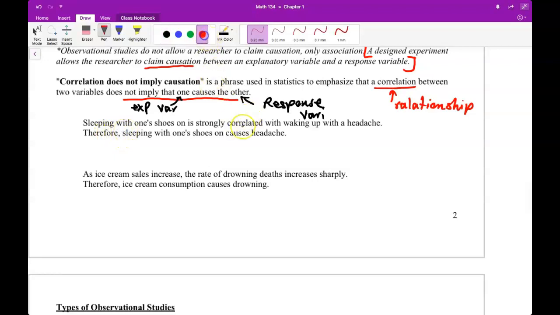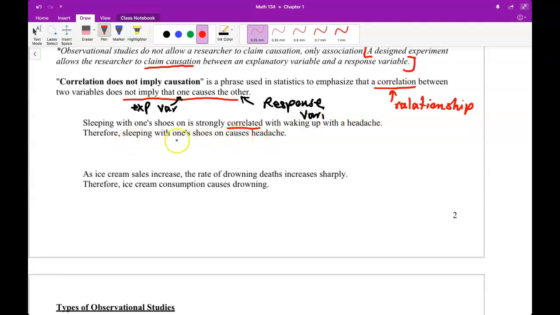So here it is correlated. What that means is there is a relationship between having shoes on and having a headache. Therefore, sleeping with one's shoes on causes headache.